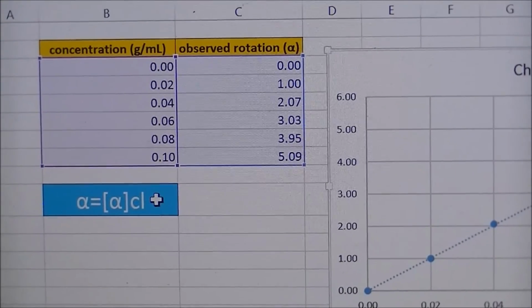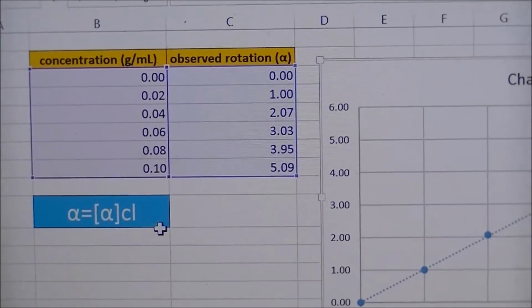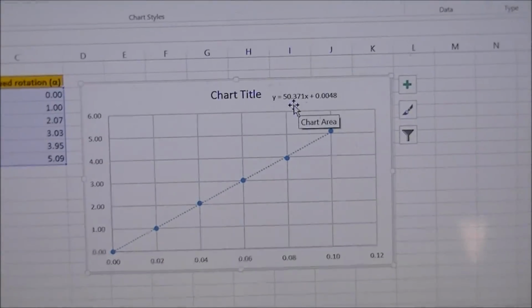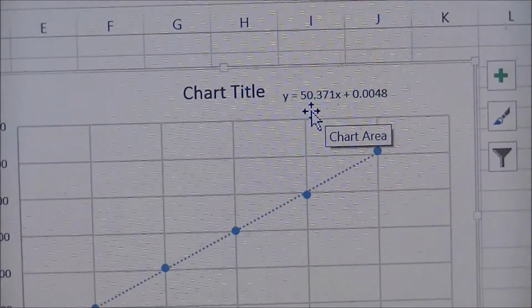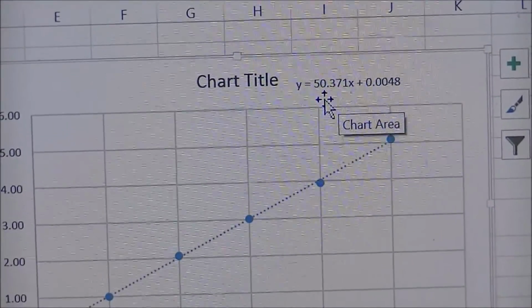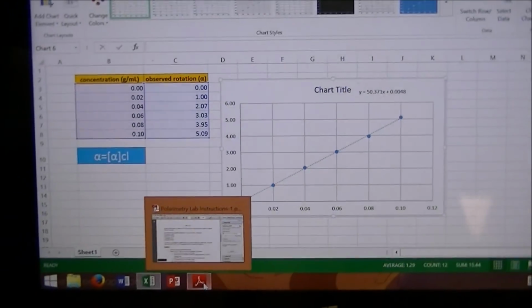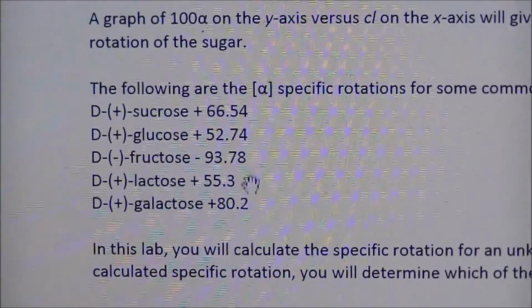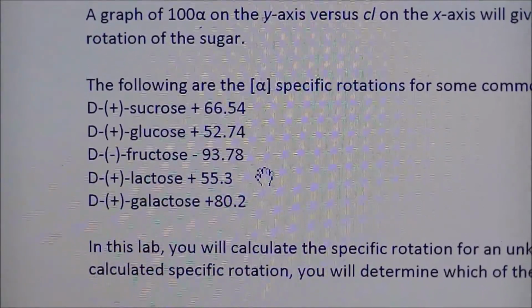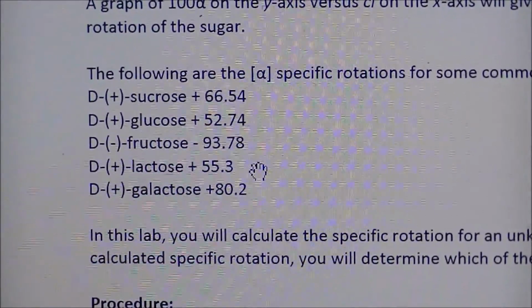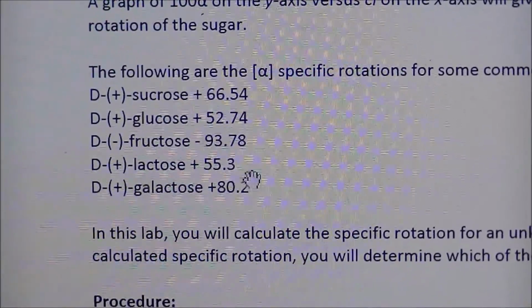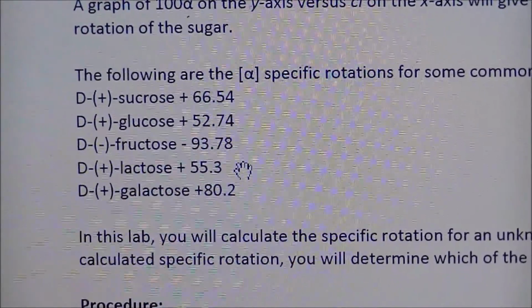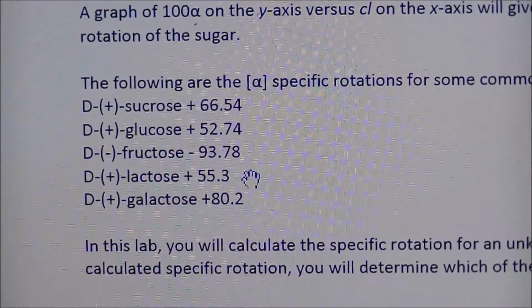And most of them are 1 decimeter for easy calculation. So here, if you look at our equation, our M value is 50.371. And if you pull up the lab, we can see that there's 2 that lie in the 50 in the glucose and lactose. And for unknown number 4, it's supposed to be lactose. So you can see we're a little off, but we're still close enough that we can say it's lactose.